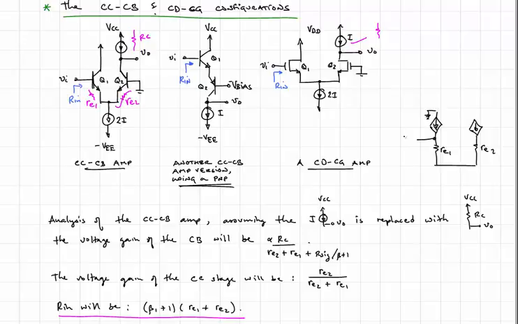We have an input VI here, and this is going to be alpha 1 IE1, and we have an RC. And this is going to be grounded. And this will be alpha IE2.